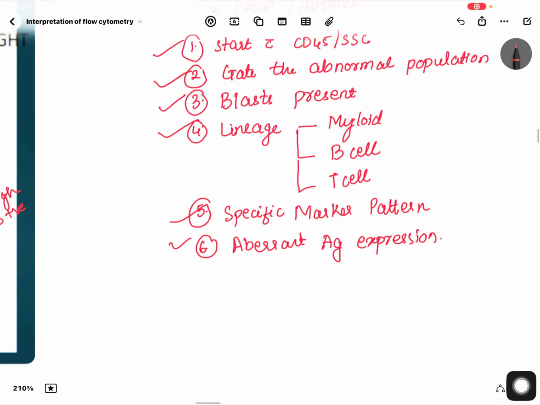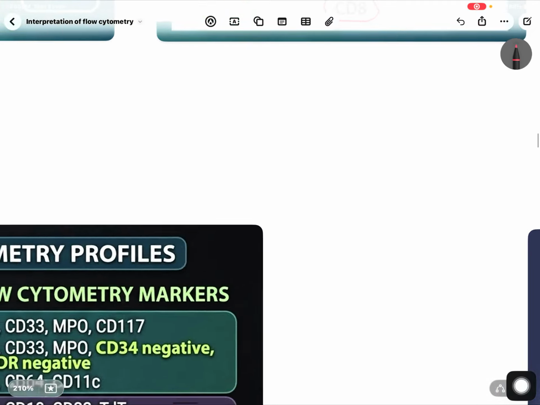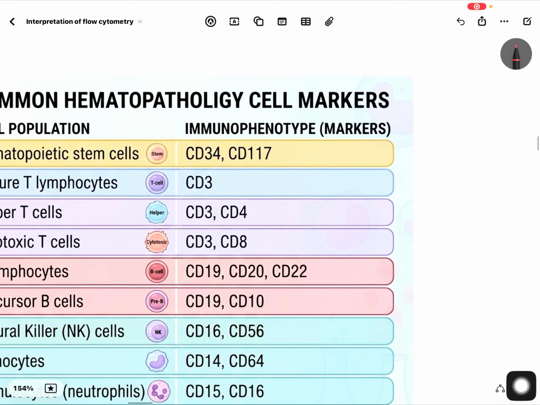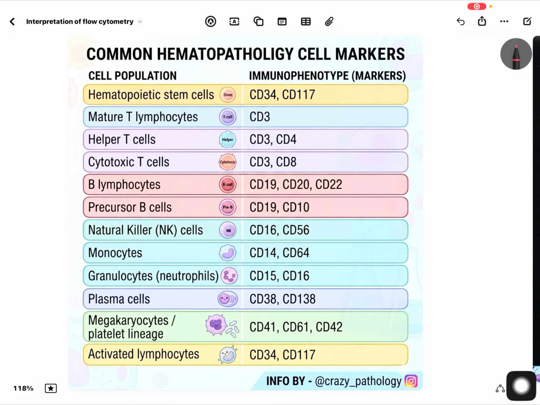Before diving into the interpretations, I would like to revise in short the markers that we most commonly use. Let's study this chart first. I hope you learned these markers because I will take a lot of revision on this. The most common hematopoietic stem cell markers are CD34 and CD117.